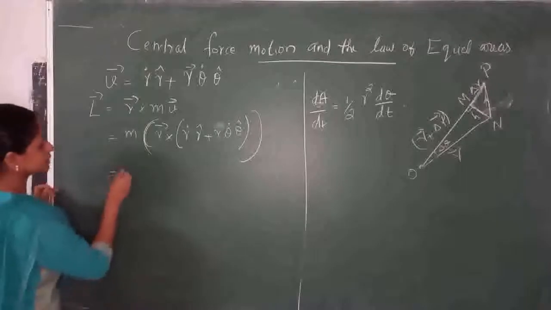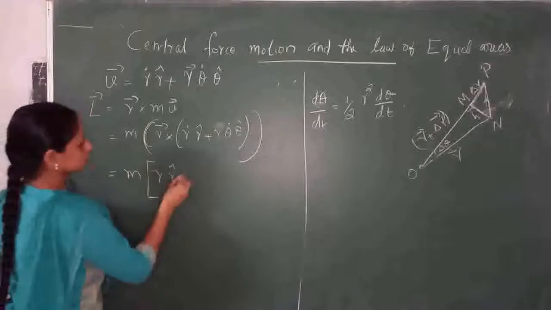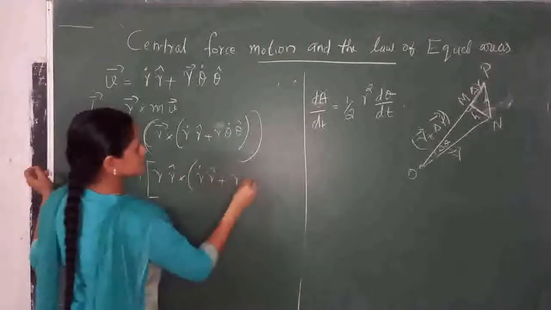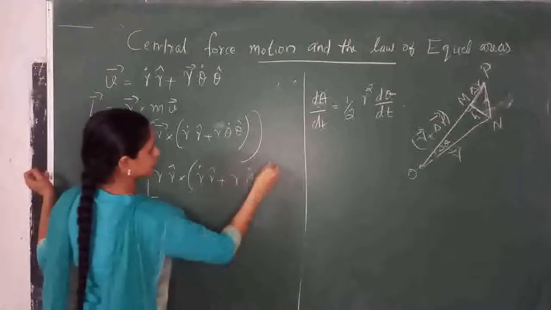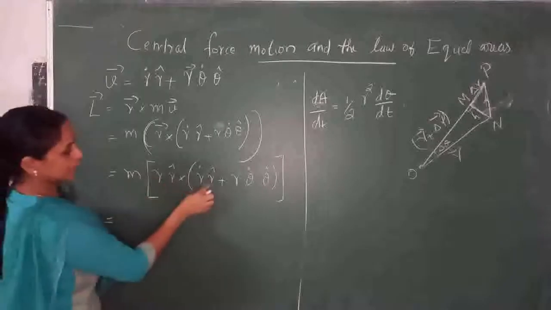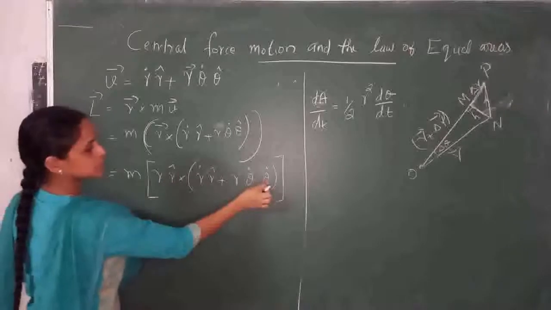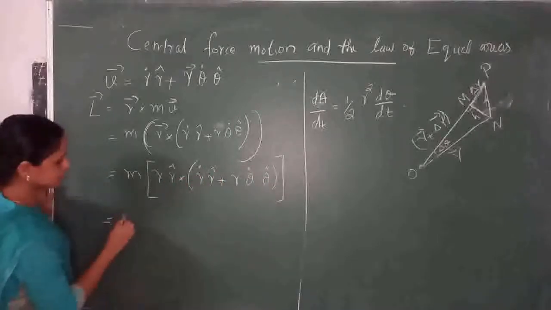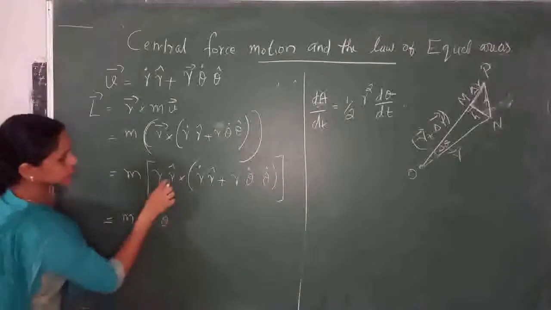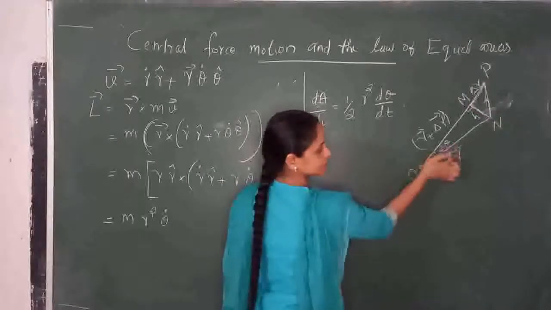This we can write as m into r cap cross r dot r cap plus r theta dot theta cap. The r cap cross r cap goes to 0. The next term is r cap cross theta cap. That is equal to m into r square into theta dot into r cap cross theta cap. This is the r direction, this is the theta direction.